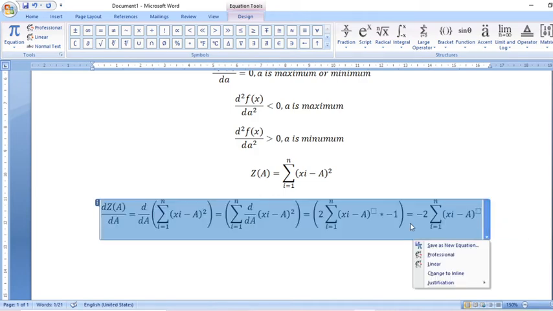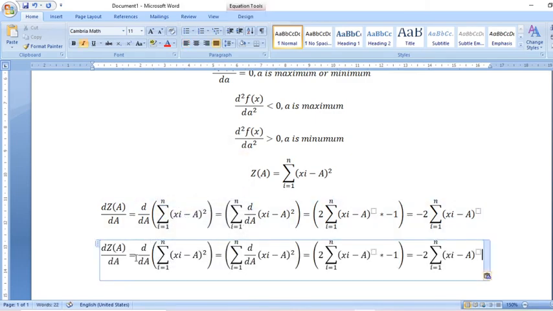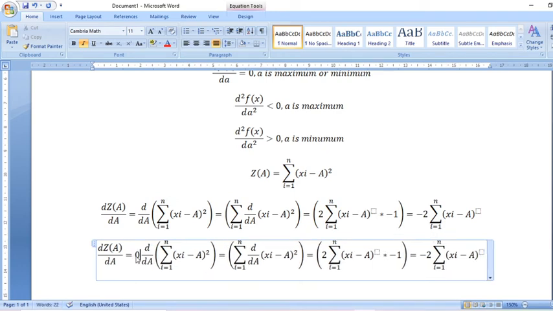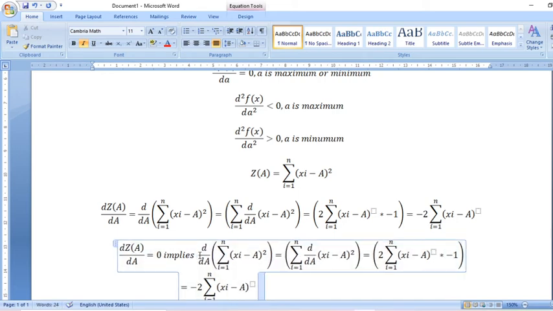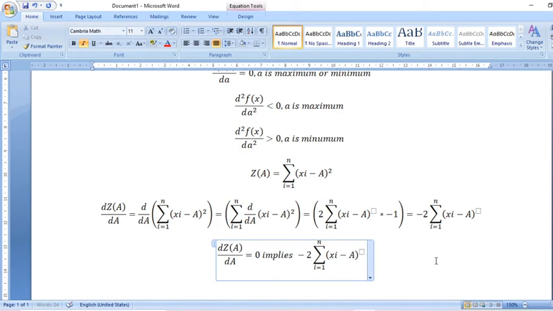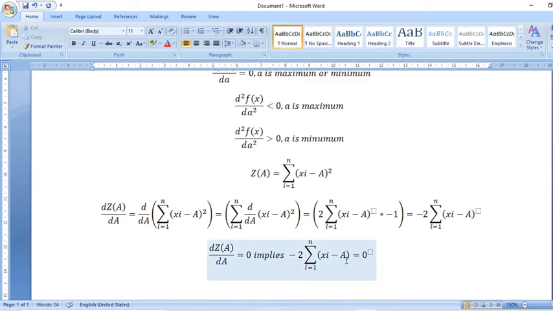Now we move to the next step, that is dz by dA equal to 0. This implies that the summation is equal to 0, because the right hand side is 0.